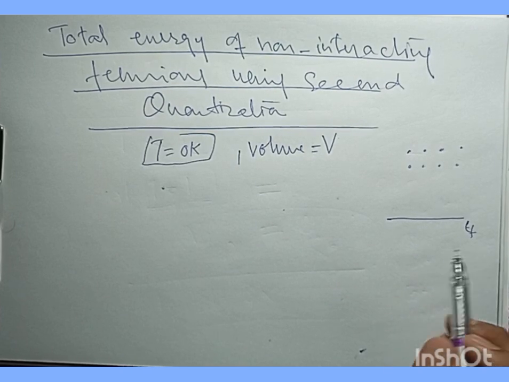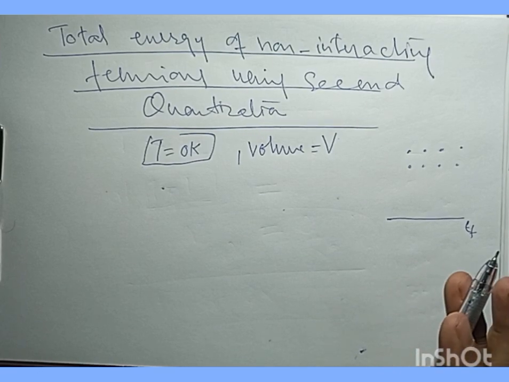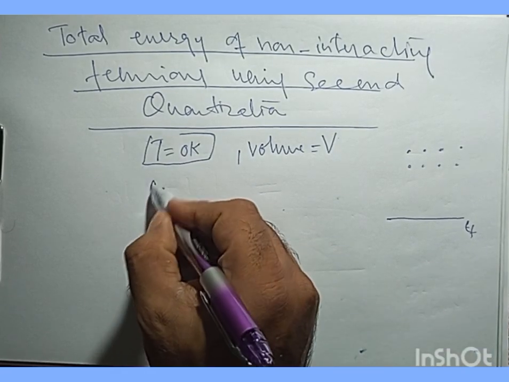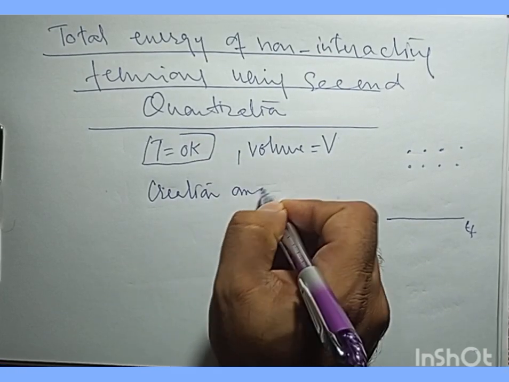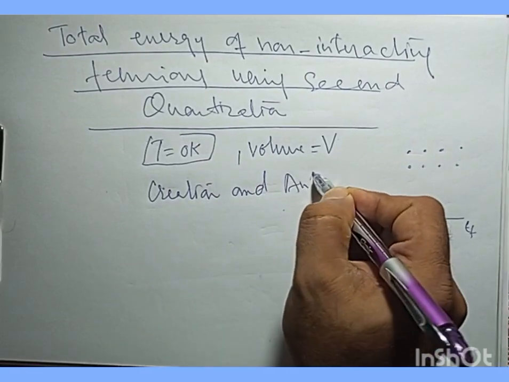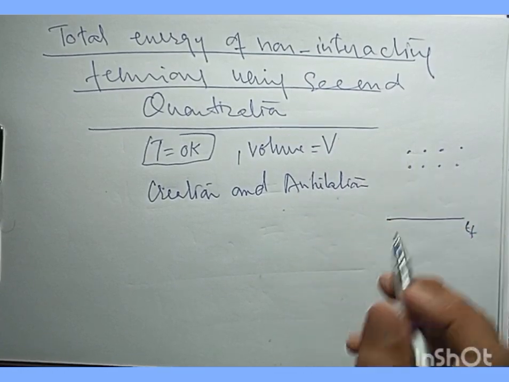Now, fermions are antisymmetric, and they have anti-commutation relations for creation and annihilation operators.